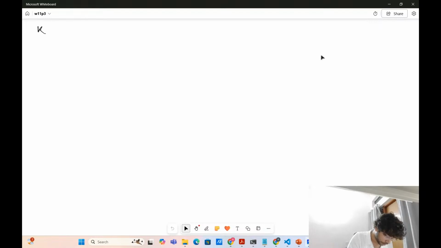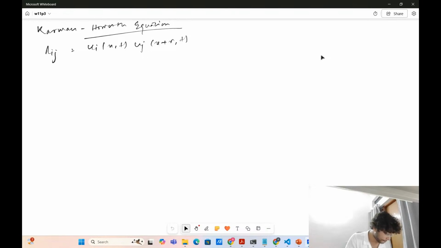This is the Karman-Howarth equation. R_ij, as I said, is the average of u_i(x,t) u_j(x+r,t).